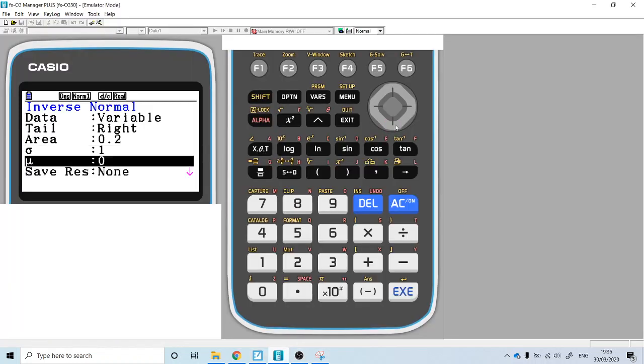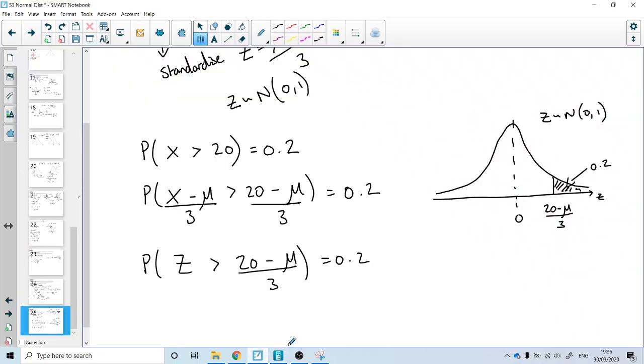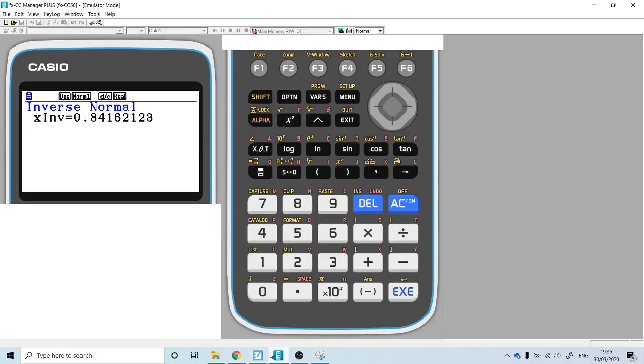So I've already put that in, 1 and 0. And then we can find out that that value is 0.842 to 3 sig fig. So we know that this value here must be 0.842.